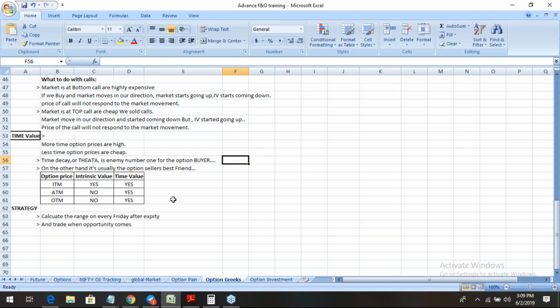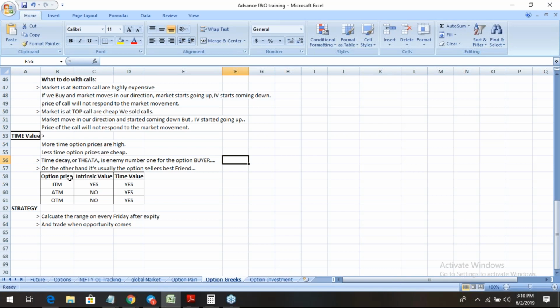So who will benefit? Option writers, call writer, put writer, both are in profit. If both your call and put premiums go to 0 rupees or 5 paisa, writers benefit. Understood? So theta is the friend of the option writer.